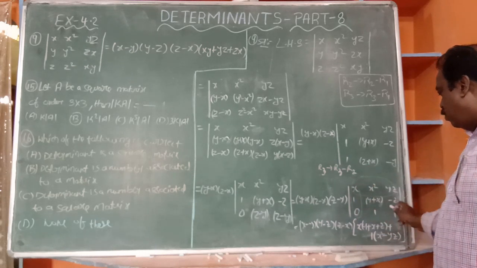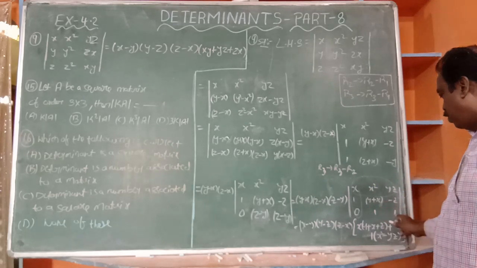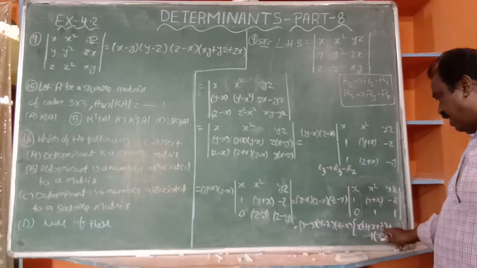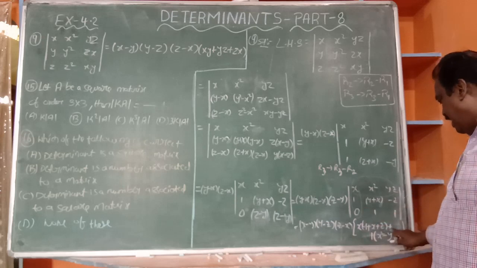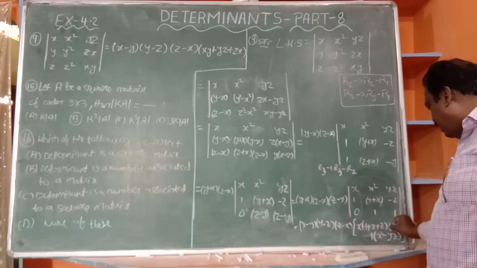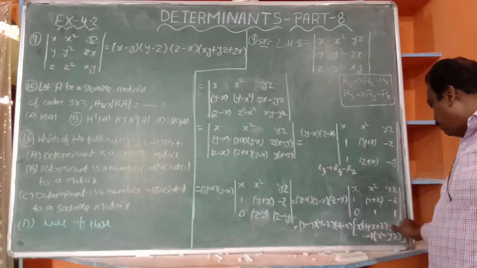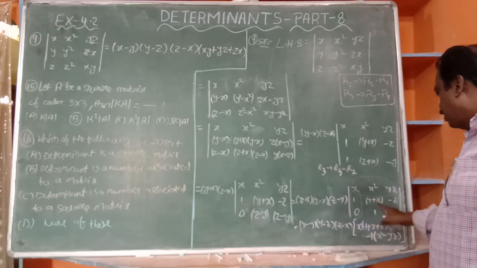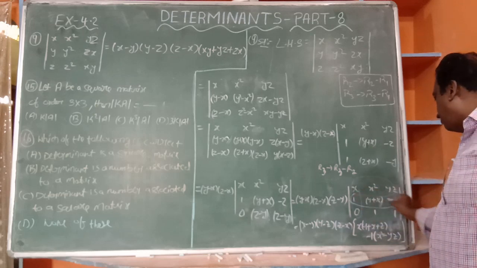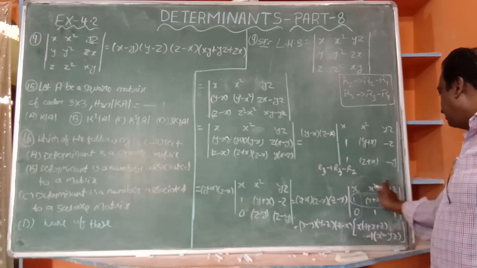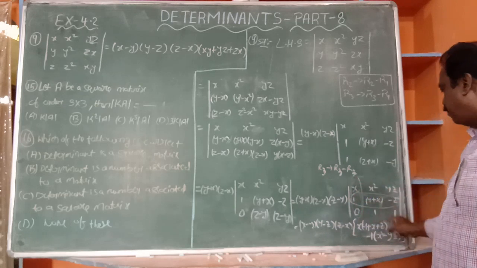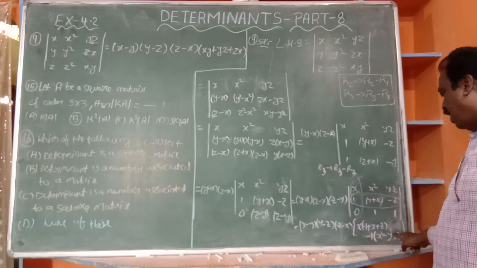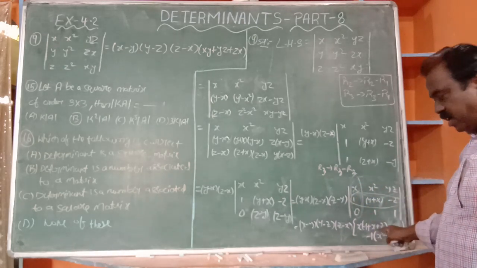Then only these elements remain, y plus x into 1, y plus x minus of minus plus z. And minus 1 of this one, after deleting the row and column, x square into 1, x square minus yz. Is it okay?